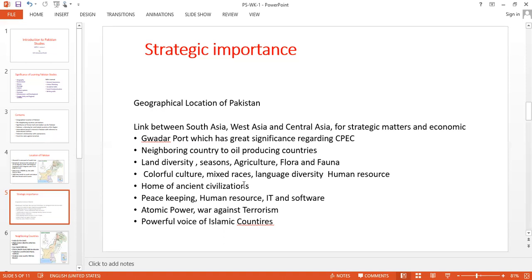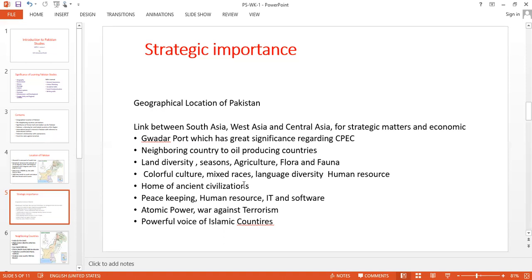The Sama Valley, second, the Red and Wool culture in Balochistan and other areas, and similarly the Indus Valley civilization and Buddhist Gandhara civilization in Taxila and others.